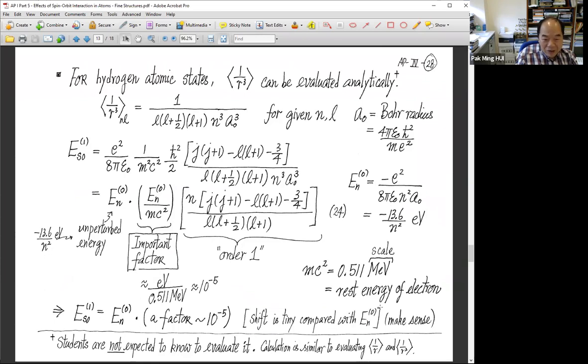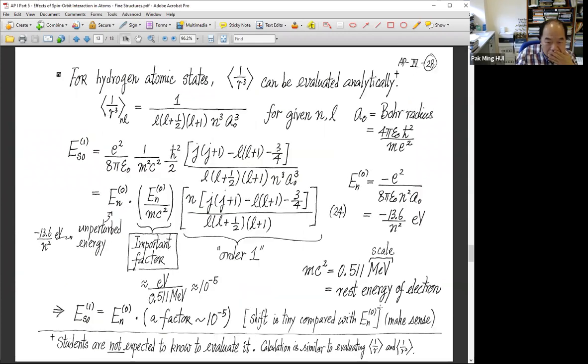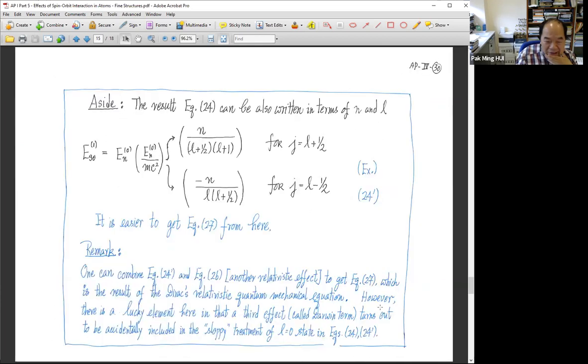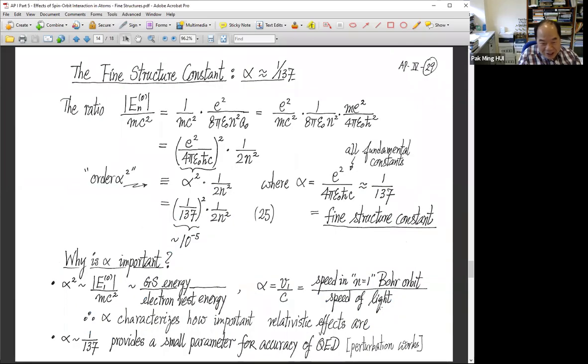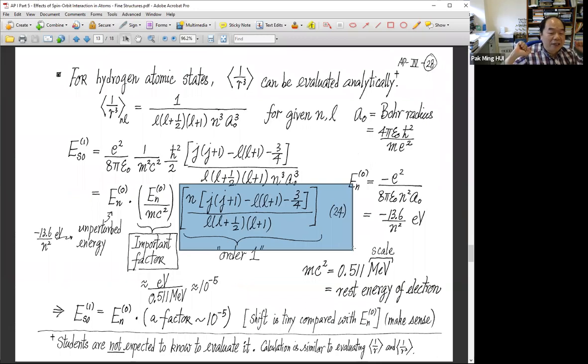Actually, after working it out, let me see. How can I put it? Okay. Now, if you look at the result somewhere here, okay?